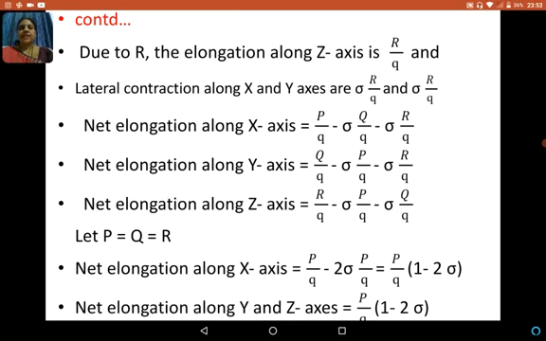From this equation, we have to substitute P is equal to minus Q and R is equal to 0. If R is equal to 0, there is no third term here. And if P is equal to minus Q, therefore minus Q is taken as P. Therefore P by Q is common. We have 1 plus sigma, like that.